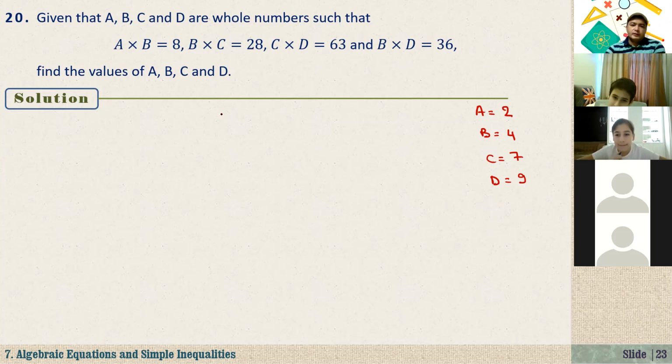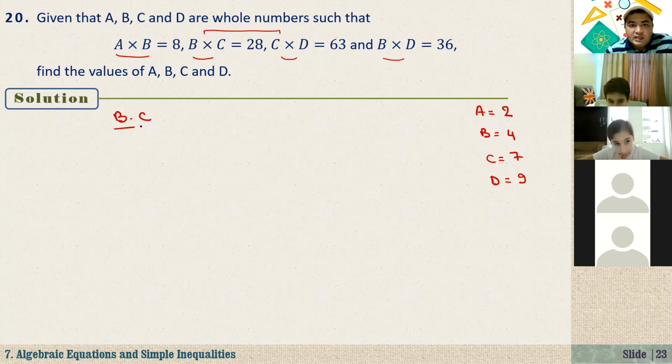Good. Here, if I just write A times B, B times C, C times D, and B times D, right? Now, as you see here, Tariel, if I take those two equations and divide them, here we have B times C divided by C times D. B times C is equal to 28, and C times D is equal to 63.